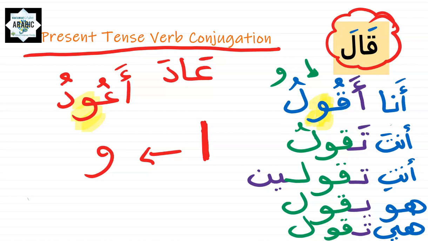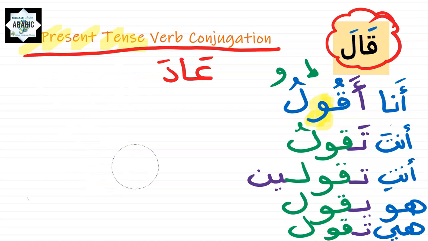Meaning if I say you return, you female return, he returns, she returns, all of them will keep the waaw in the verb conjugation in the present tense. So here I'm going to write it one more time, and please look at how I'm changing.